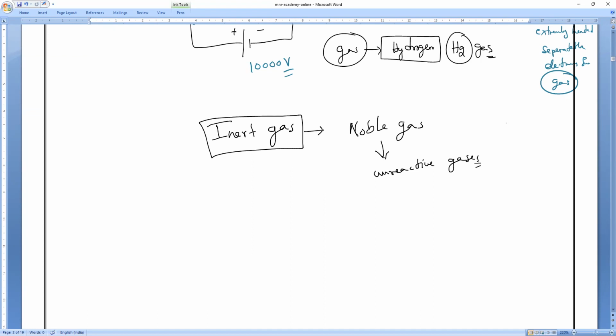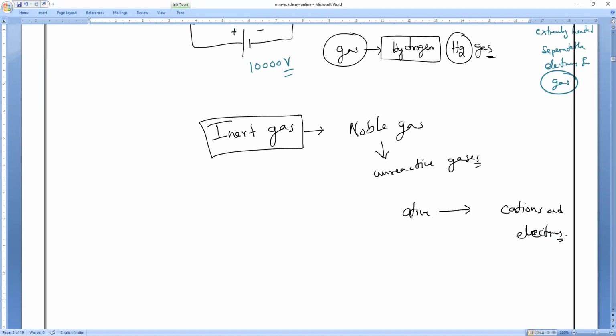So what will happen here? If I take this inert gas in the discharge tube, then the atoms directly convert into cations and electrons. So easily we can produce the cathode rays and anode rays.